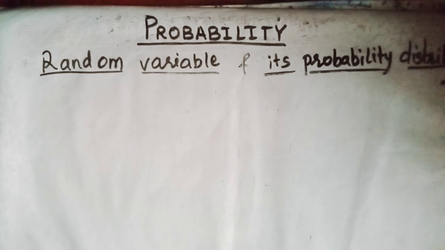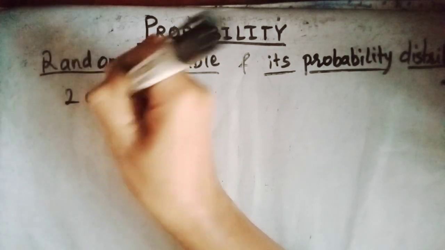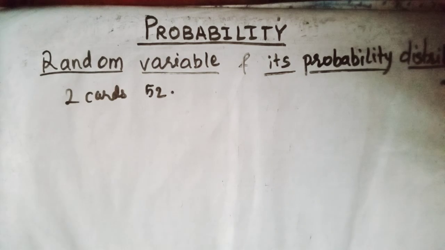Let's do one problem for probability distribution. Two cards are drawn successively with replacement from a well shuffled deck of 52 cards. Find the probability distribution of the number of aces. So 2 cards are drawn. What are the possible outcomes?